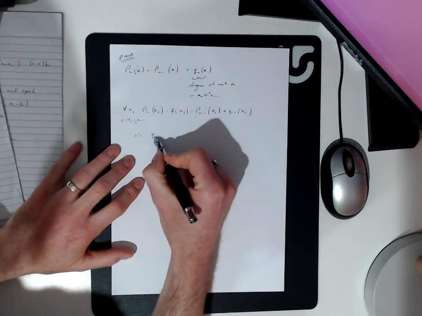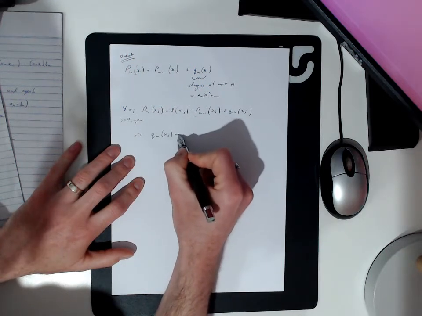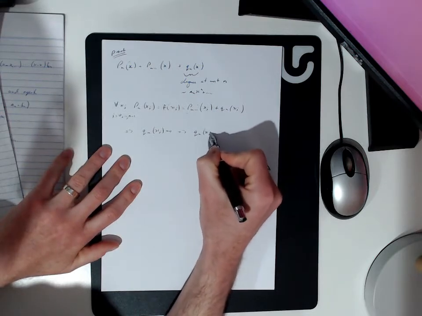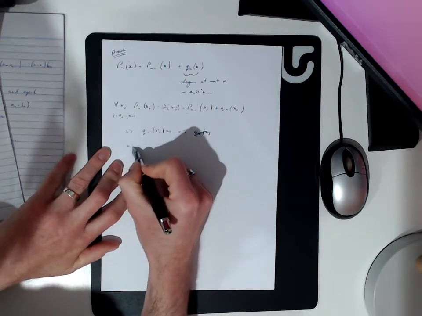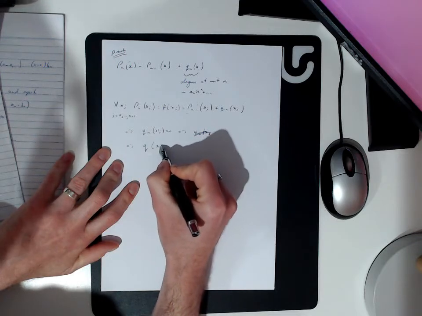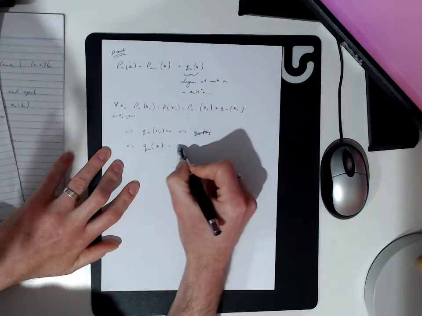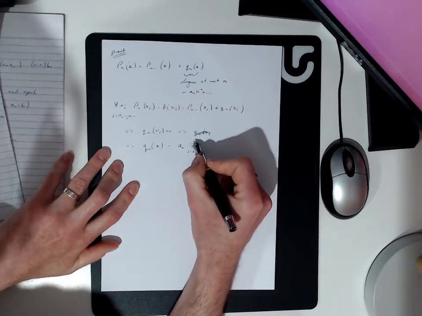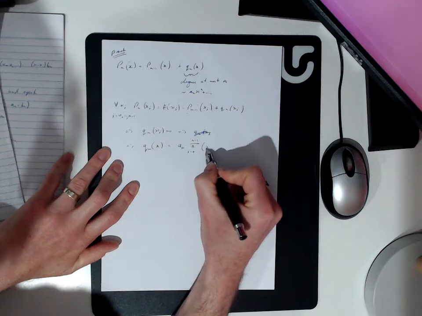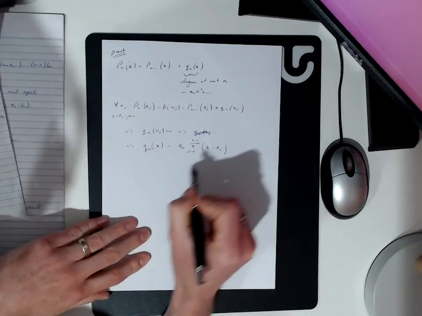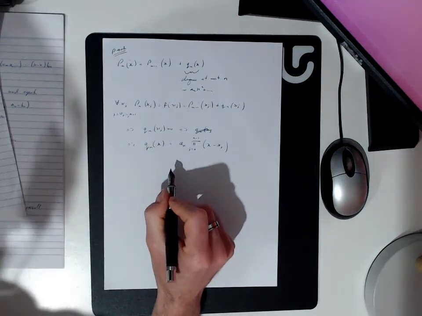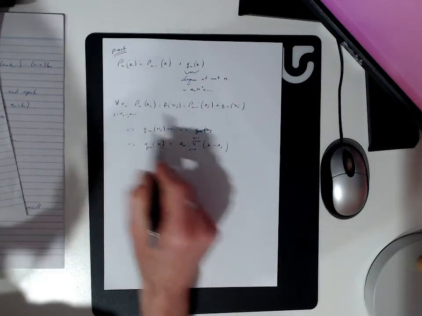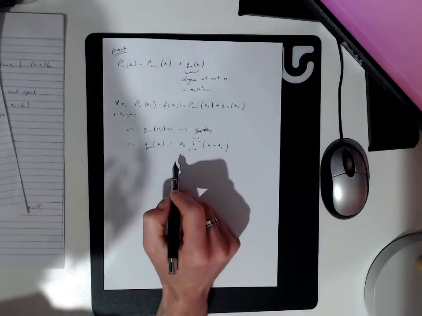So this implies that qn(xj) is equal to 0, and that implies that qn(x) has to equal some number times a product, j equals 0 to n minus 1, of (x minus xj), because we know it vanishes at these points.